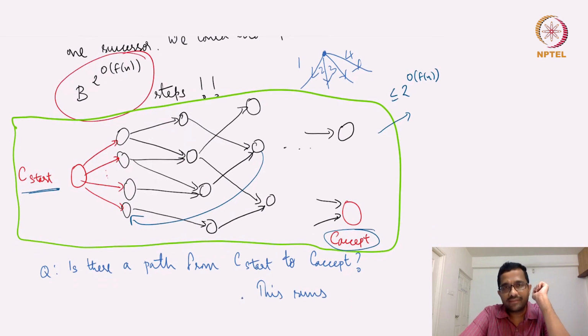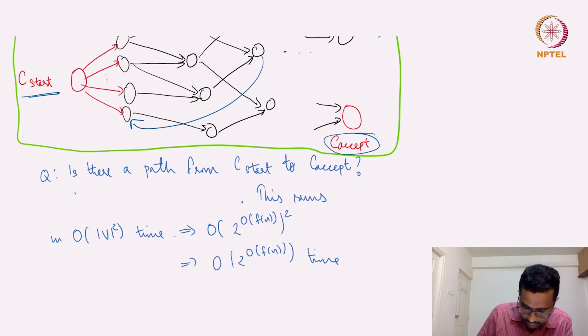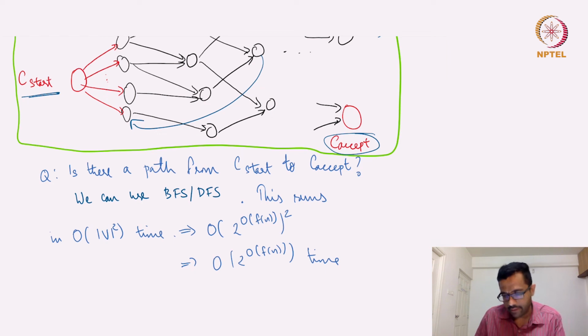How do we do this? This is something that should be very familiar to all of us. We could use any traversal algorithm, say breadth first search or depth first search on this configuration graph, and this runs in O(V^2) time if you use the adjacency matrix representation, where V is the number of vertices.